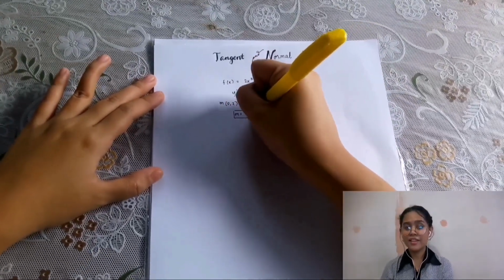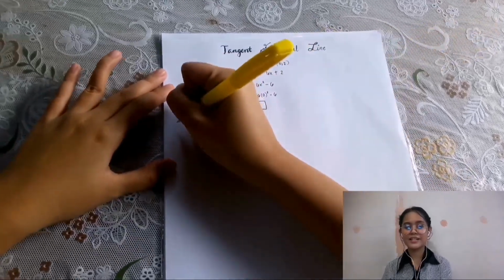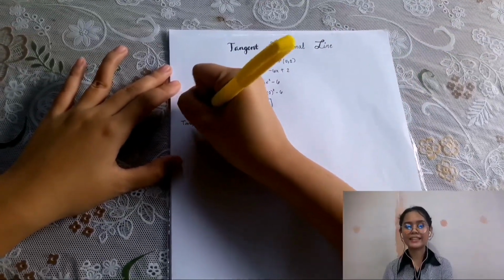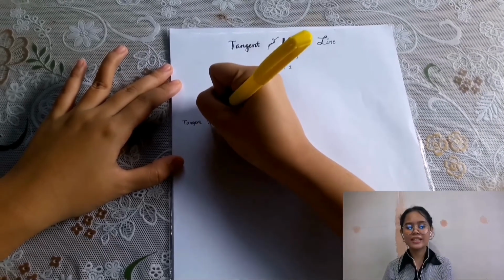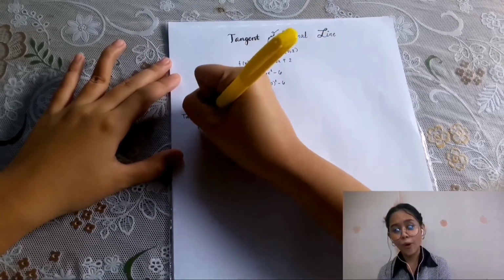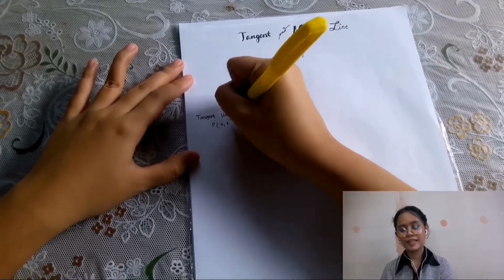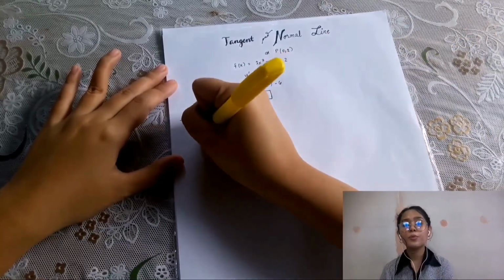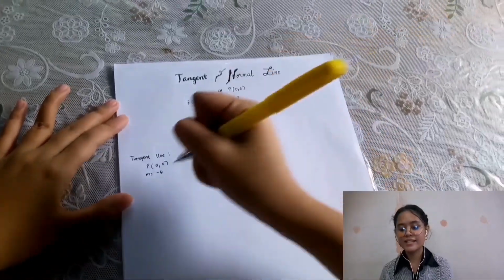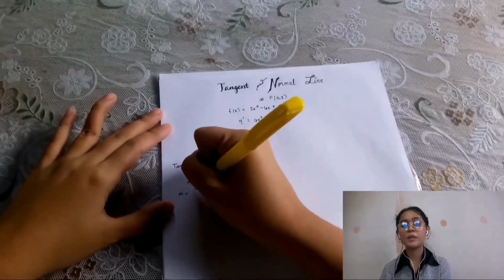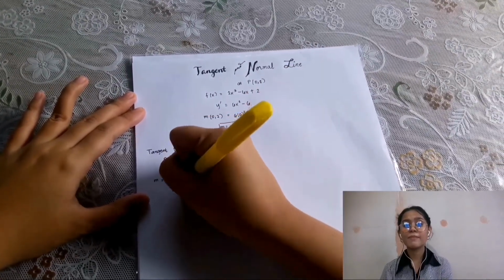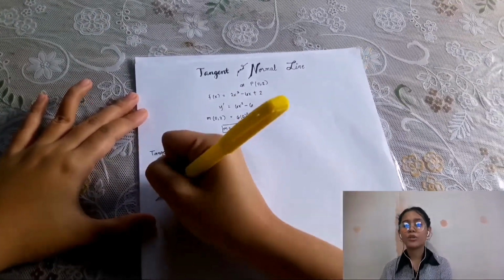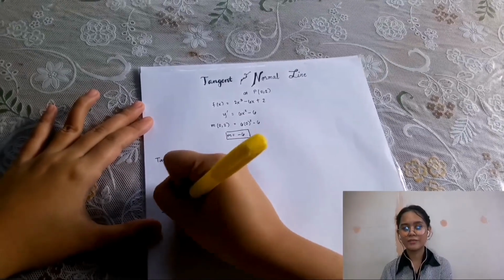And the second thing we need to find is our tangent line. Our tangent line at point 0, 2, and the slope, which is negative 6. All of these values, we will input to the formula, which is m equals y minus y sub 1 all over x minus x sub 1.